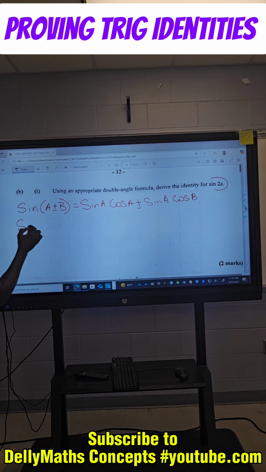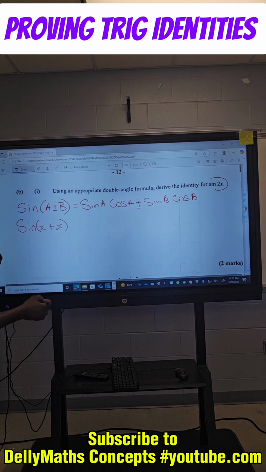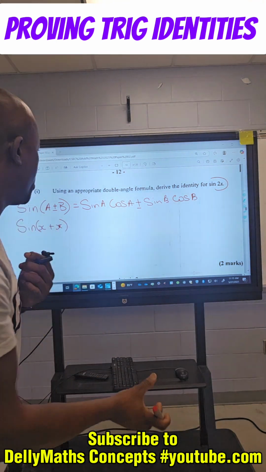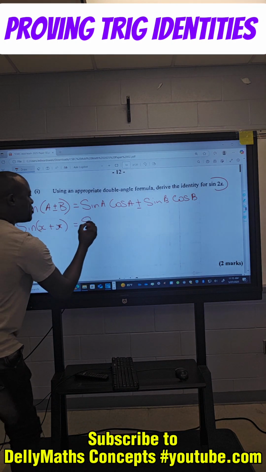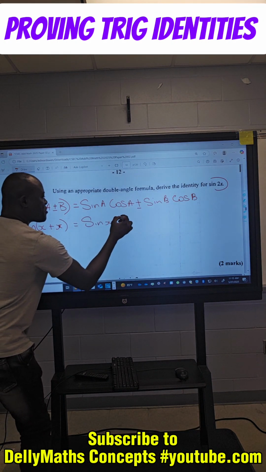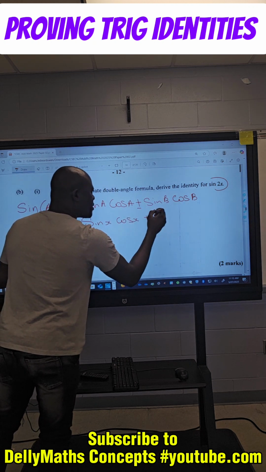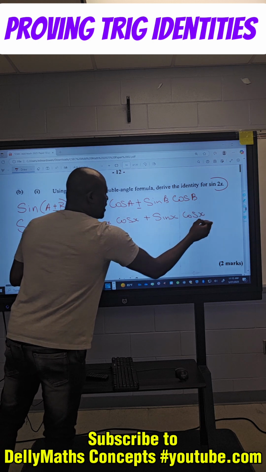I'm going to take this and say sine of x plus x. So as you can see, I'm manipulating that. I'm using x 2 times, so this is 2x. So this is equal to sine x cos x plus sine x cos x.